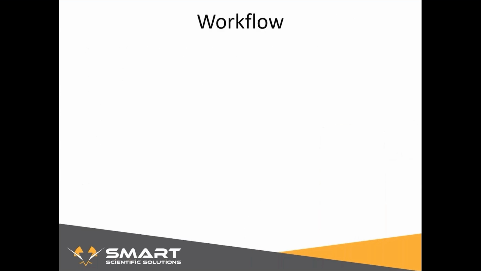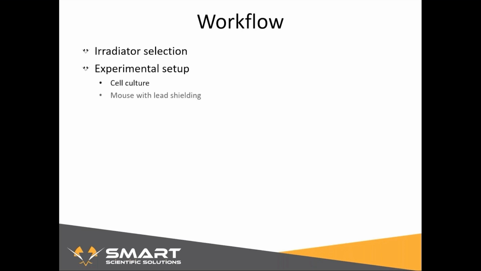So how does the workflow look? I'll quickly go over it, but I'll show it in clips. So first you would select your irradiator. Then you would build your experimental setup. I will be showing a cell culture and the mouse with a lead shield. Then you evaluate the dose from this specific setup. And if you're happy with the settings, you can export your dose report and report everything like this in your paper.